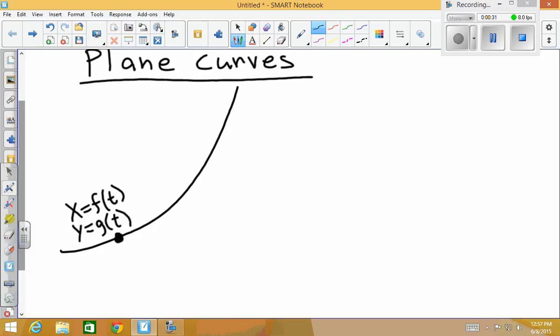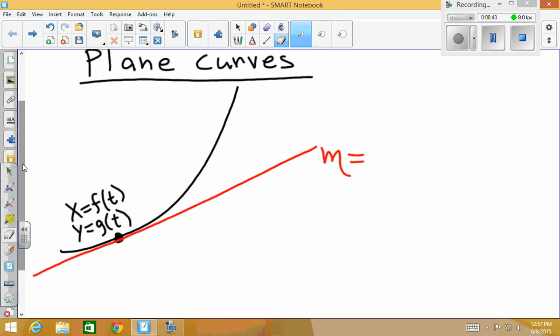T is our parameter. The question is, how do we find the slope of the line tangent to the curve at, say, that point?